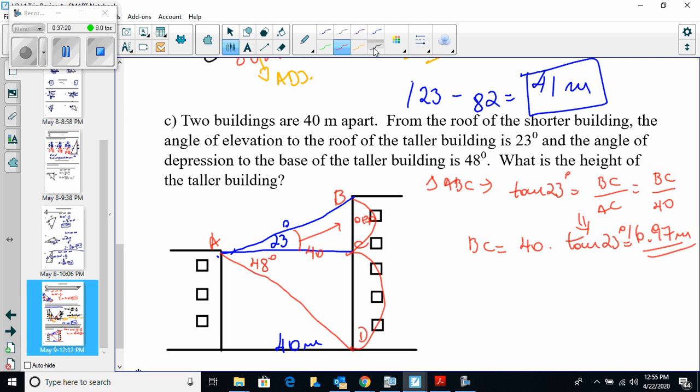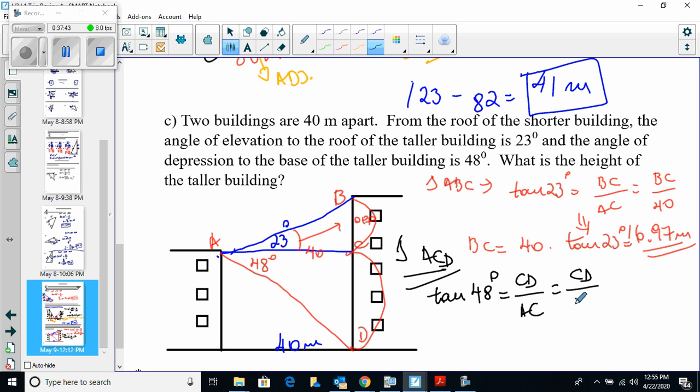And now in triangle ACD, again, tangent of 48 degrees will be CD over AC, or CD over 40.